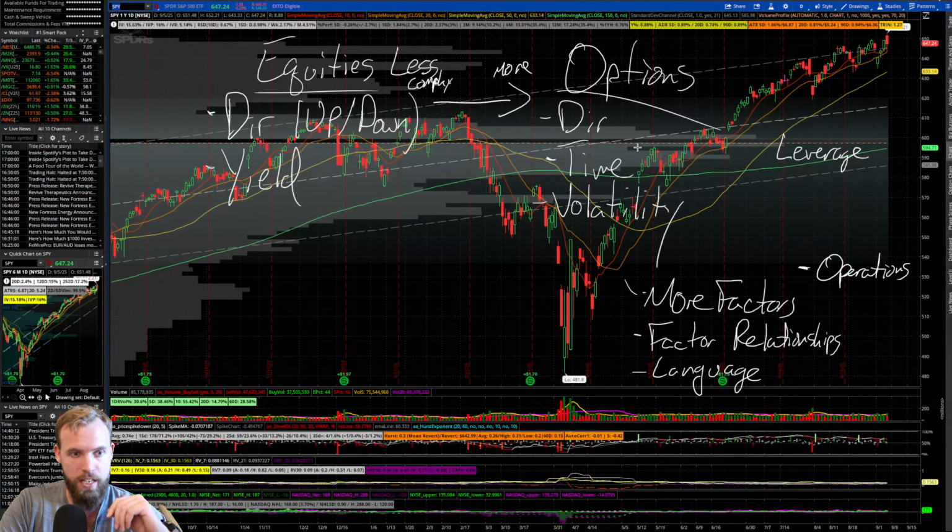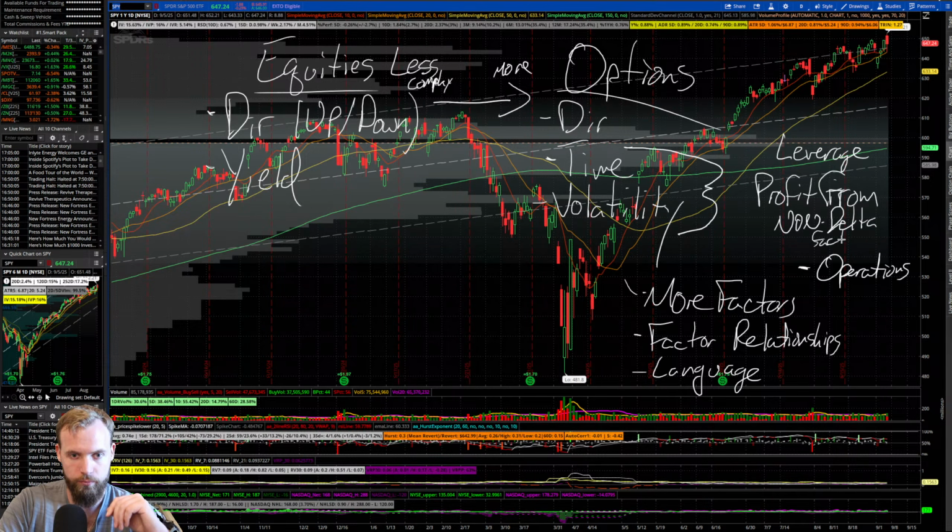And these bubble up to profiting from non-delta factors. That's a huge difference. So with options, you are not slaved to the primary way you make money with equities, which is direction.